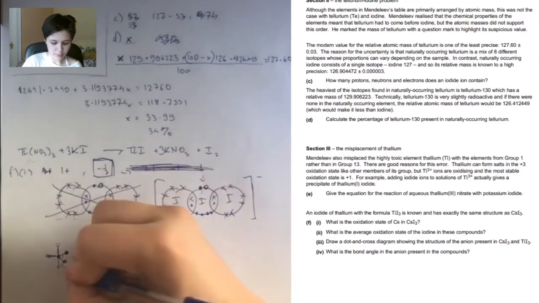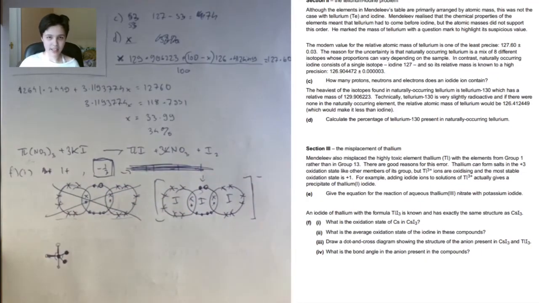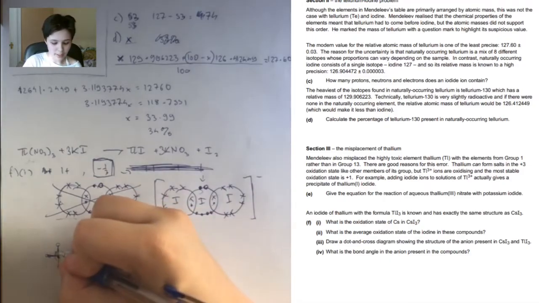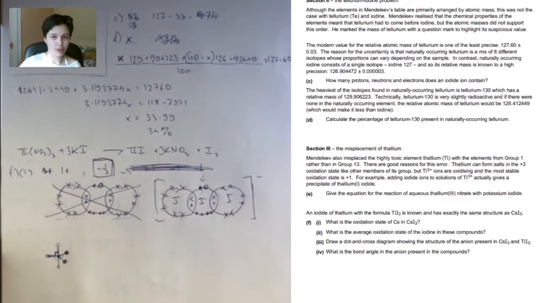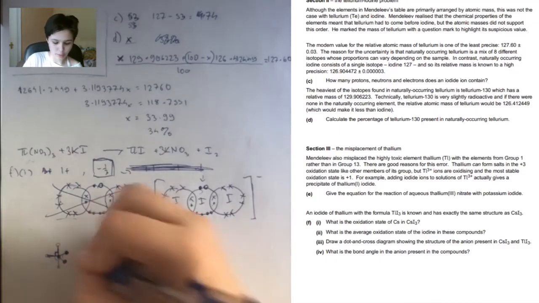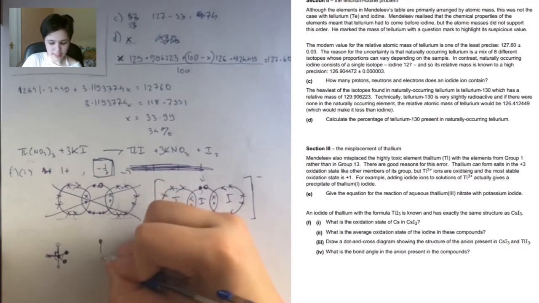However, this would give me 2 lone pairs that are repelled by a 180-degree angle. However, I then realized that the angle between these 2 lone pairs is going to be 90, which is less than what it would have been if the 3 lone pairs were around here. So it's actually going to be linear, and the lone pairs are going to be here.